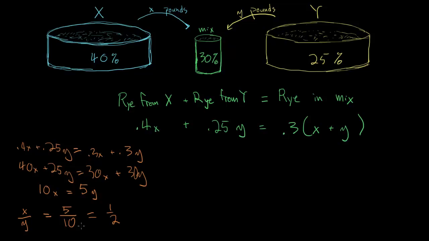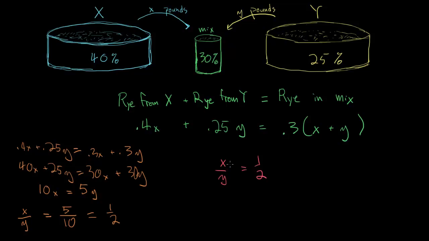But we always want to be careful with ratios, right? We have to be very careful to remember what they represent. We know that x over y is 1 over 2, but what does that mean? Well, x is the pounds in here that came from here, and y is the pounds in here that came from here.